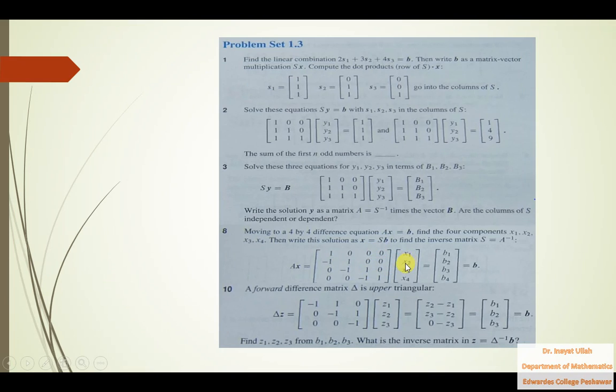When you multiply this, find x1, x2, x3, x4, and write them as the product of a matrix times b, and find the inverse. That matrix S will actually be the inverse of this matrix, and this question is the same as these questions. So try to solve these questions, and if there is any difficulty or problem, then we'll discuss it afterward.